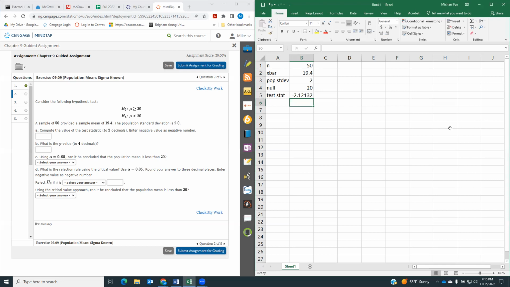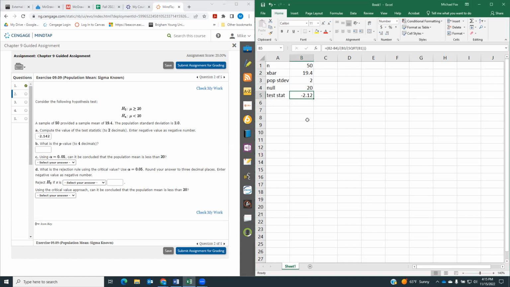So in this case, we have a test statistic of negative 2.12. Test statistic is always given to us as a z-score. So what that's saying is, given an n of 50 and a sample mean of 19.4, and that we're testing for a hypothesized mean of 20 and a population standard deviation of 2, that this sample mean would be 2.12 z's below the mean.